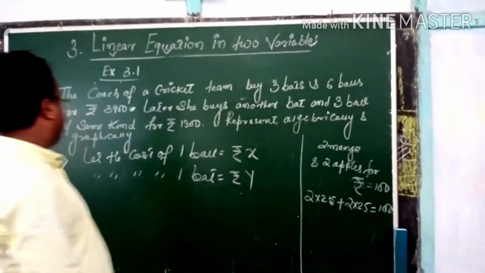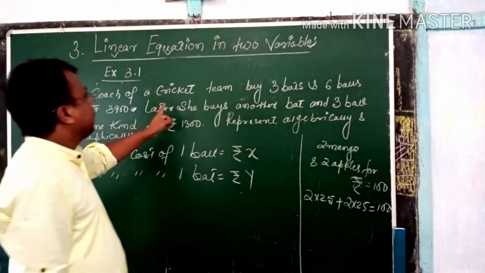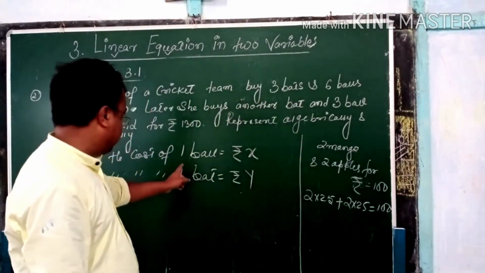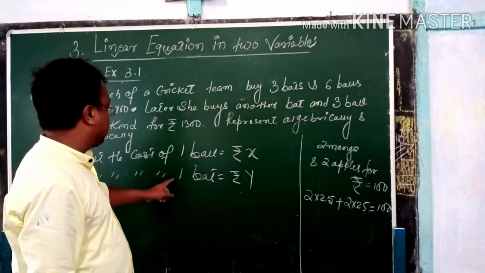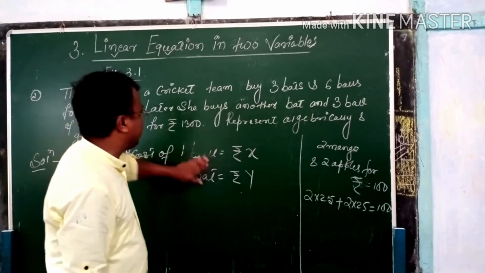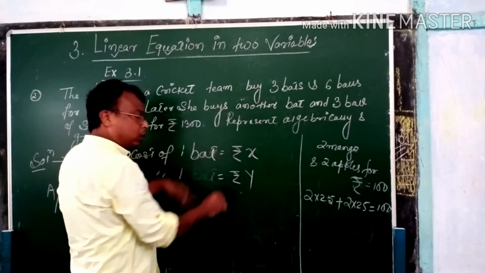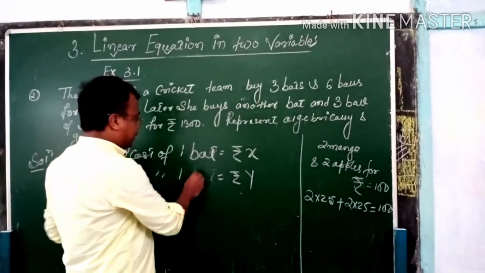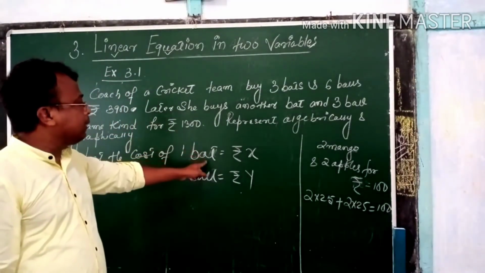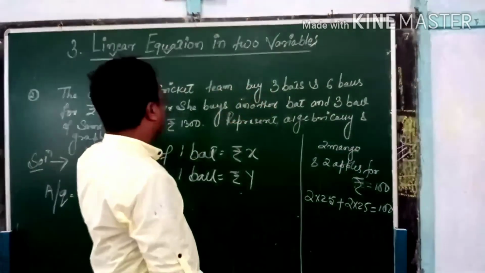Now what does the question say? The question says the cost of 3 beds. Here I will suppose the cost of one bed is rupees X. Now how many beds did the coach purchase? 3 beds.